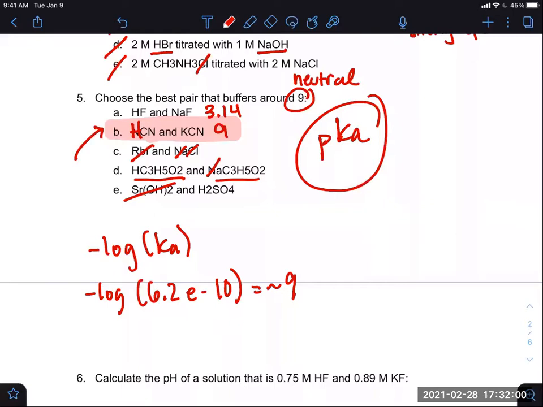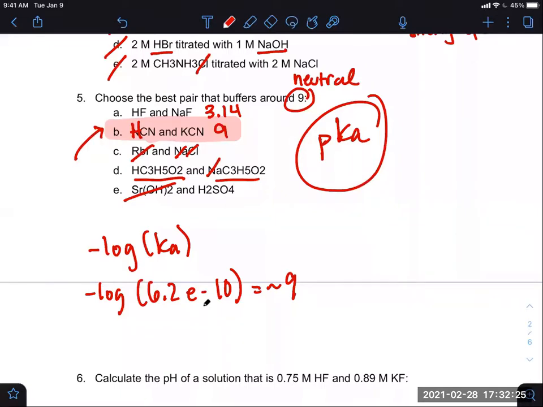Is D a buffer? It should be. Yeah, it is. You can calculate pKa. I don't think I did, but I can calculate it for you if you'd like, but it is not the answer. Which one is that?